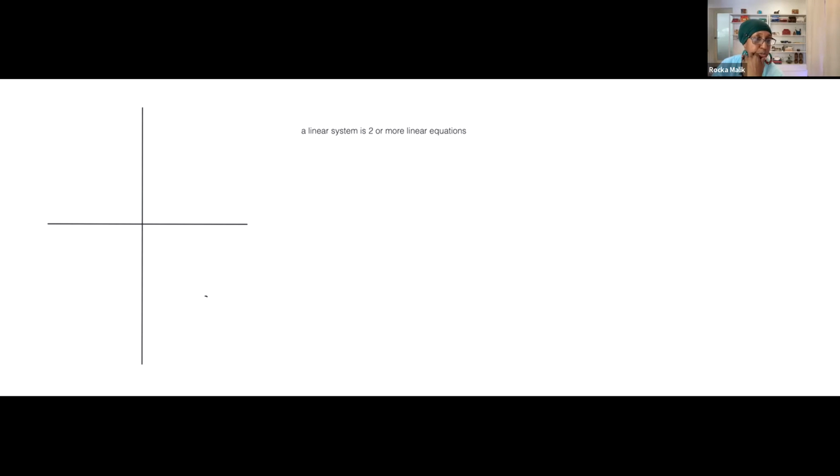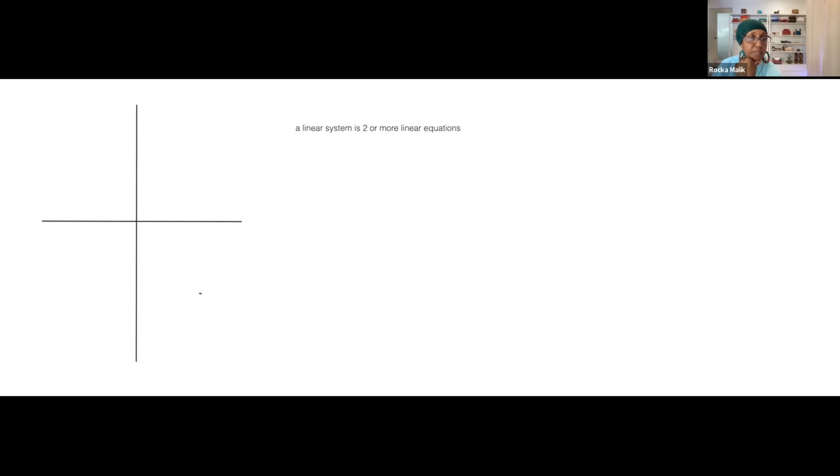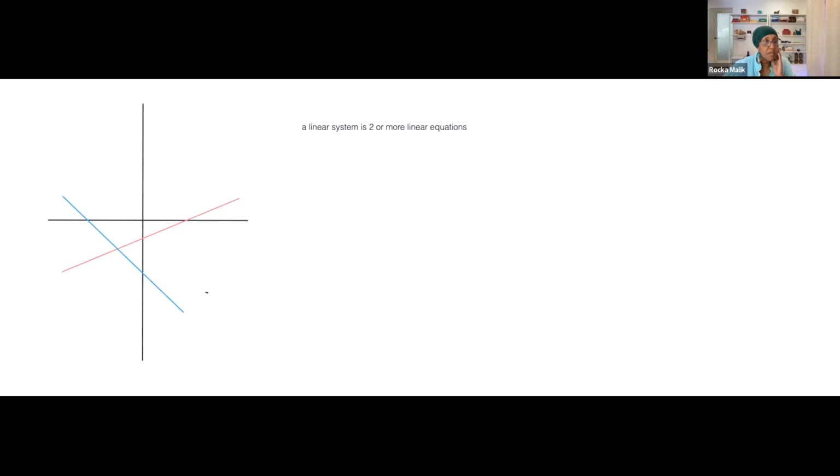Okay, there's three things that can happen when you graph lines. Say this is one line, and then another line, like that, and then the third line.